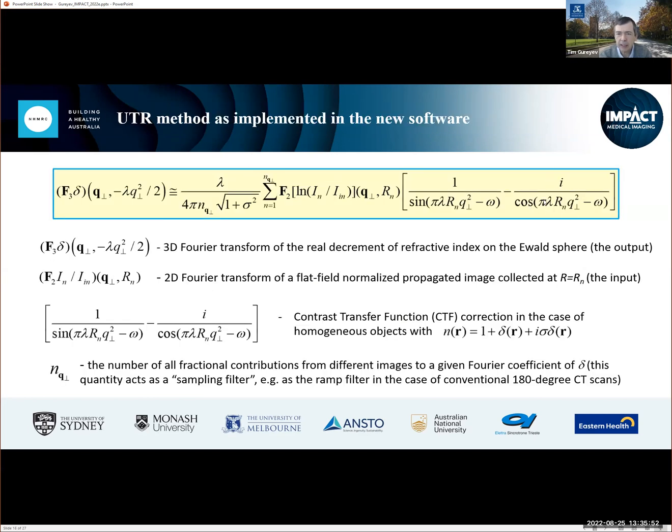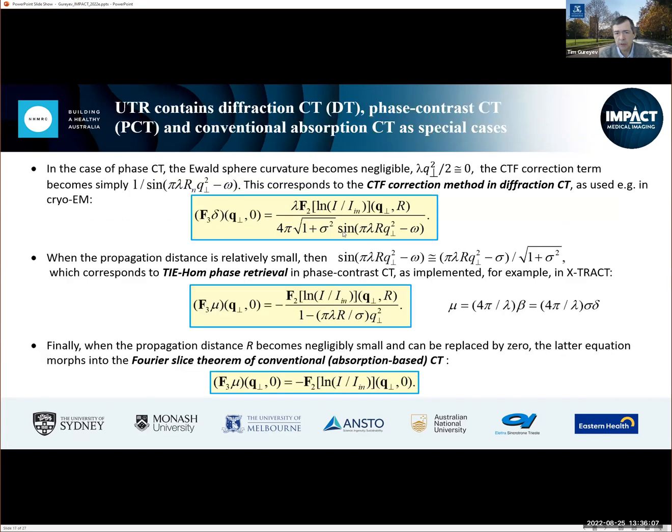I don't want to go too much into details, but it disappears because the images at opposite directions become symmetrical, and these terms cancel each other for the two opposite directions. So we are left with that sine function, and that's the conventional phase contrast transfer function of diffraction CT, as used, for example, currently in electron cryomicroscopy.